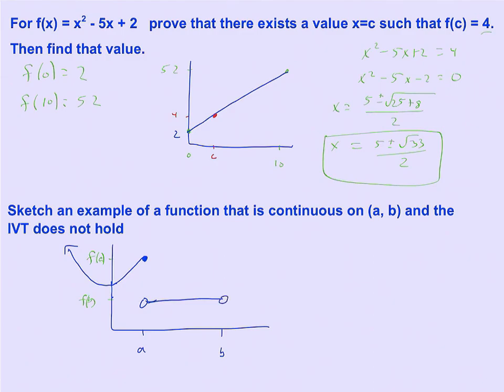I could pick a y value that is in between f of a and f of b, but there is no point where my function passes over that y value. So because my function was only continuous on the open interval from a to b, not the closed interval from a to b, the IVT doesn't apply, and you can see this is an example where the IVT doesn't actually prove to be true at all.